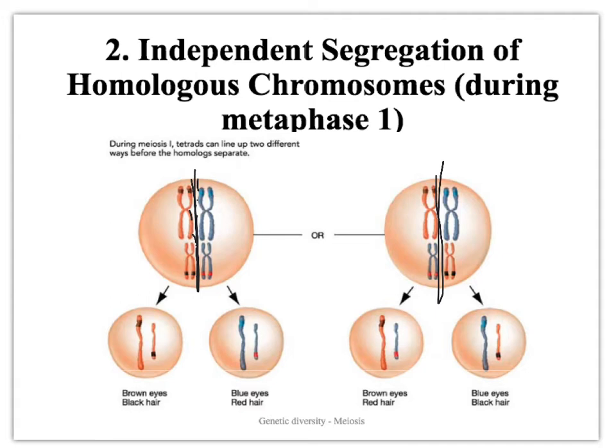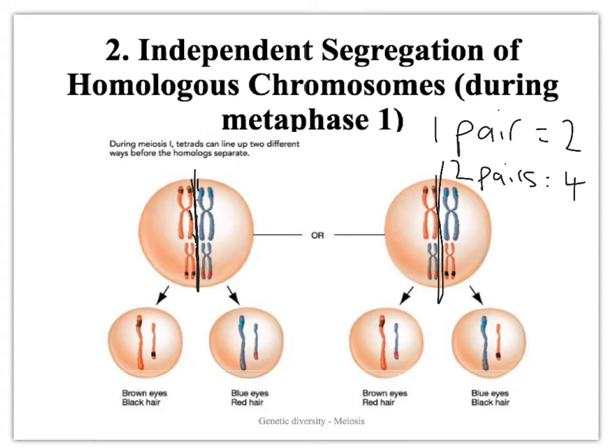So we saw in the first picture where we've got 1 pair of homologous chromosomes, we had 2 different types of gamete produced. Here we've got 2 pairs of homologous chromosomes, and we've got 4 different combinations of gametes produced.